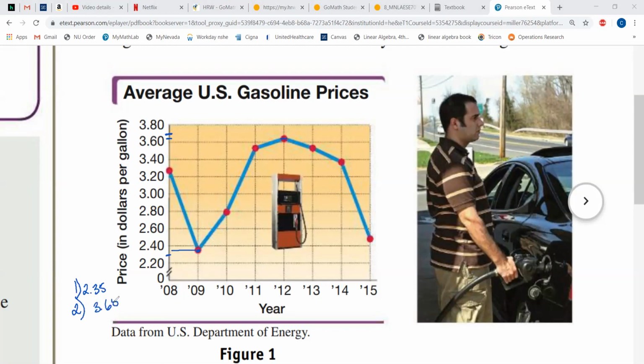And so to find how much it increased, we want to go ahead and subtract those. And so the increase for number 2 is going to be $1.35. And make sure you're putting dollar signs on those, because those do represent prices in dollars per gallon. So technically we should have $1.35 per gallon.